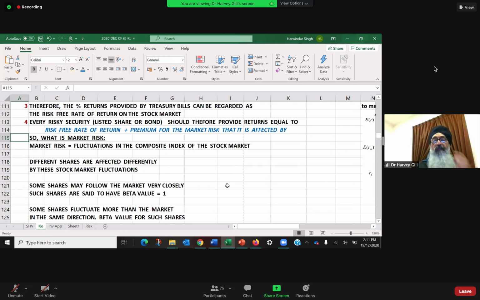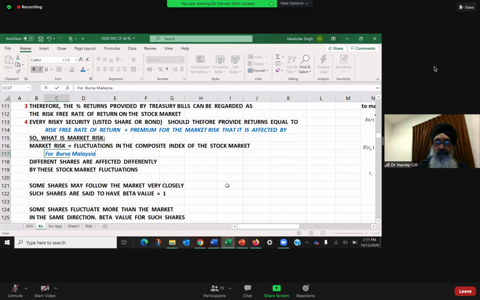Market risk is simply fluctuations in the composite index of our stock market. Yeah, for example, in Malaysia, for Bursa Malaysia, it is FBM KLCI.